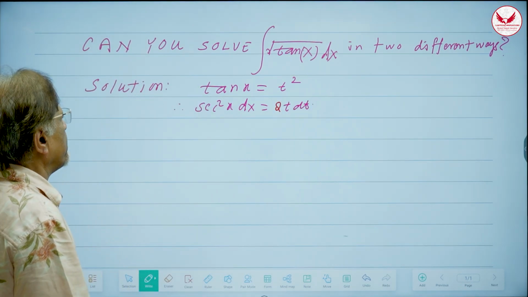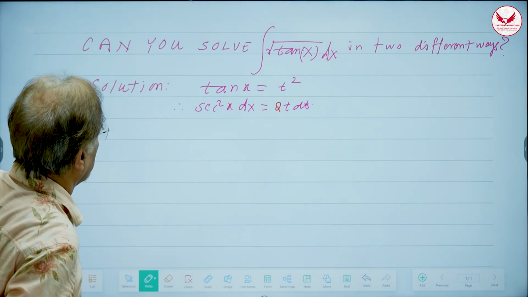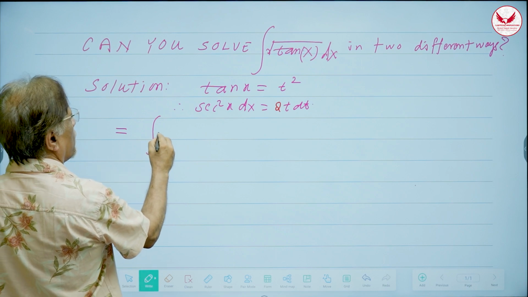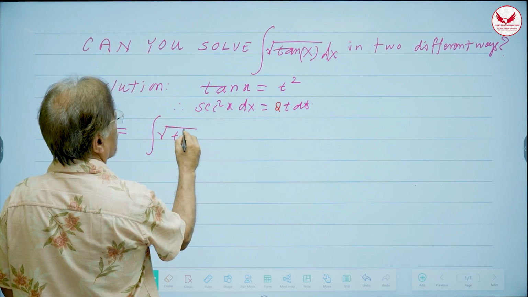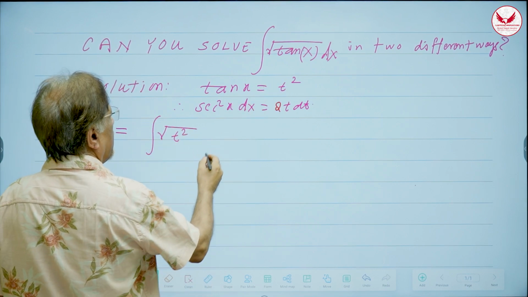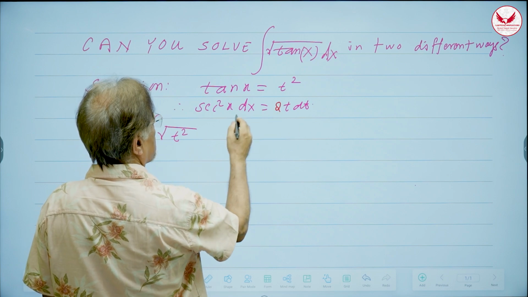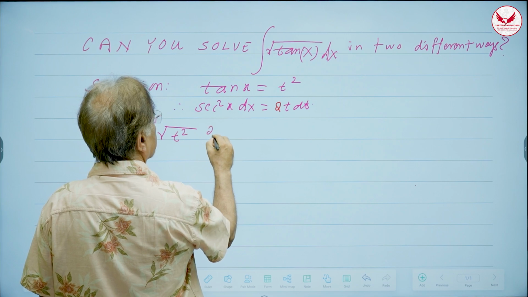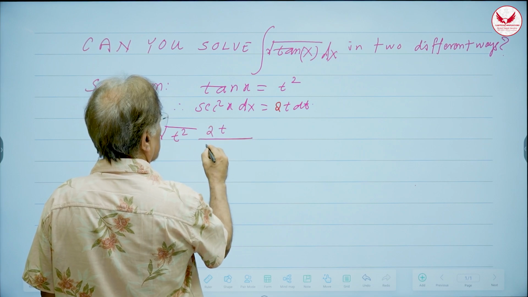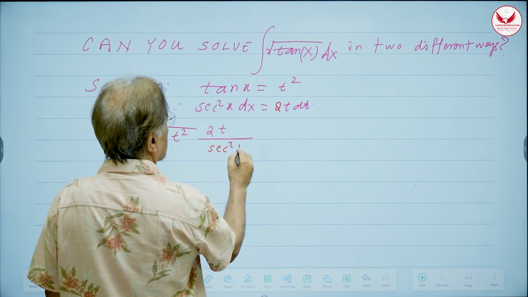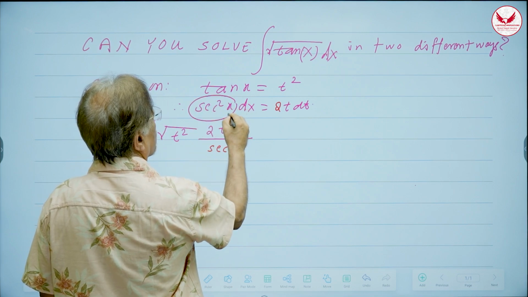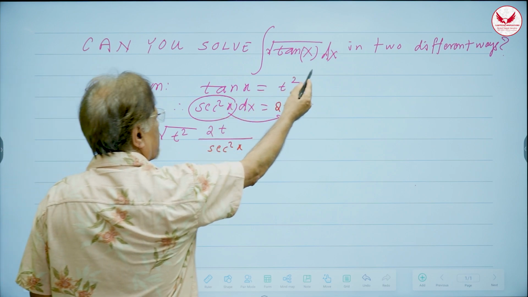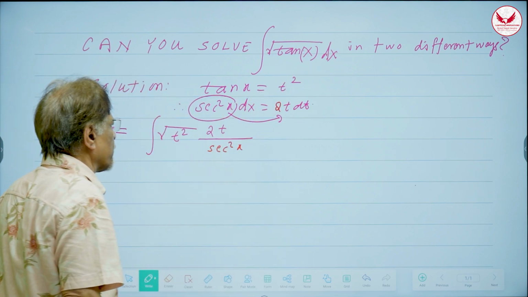Now if I make this substitution, the problem transforms into the square root of t square, because tan x is t square, and dx is 2t upon sec square x. I'm taking sec square x to the other side and isolating dx, so that dx is replaced by 2t upon sec square x.